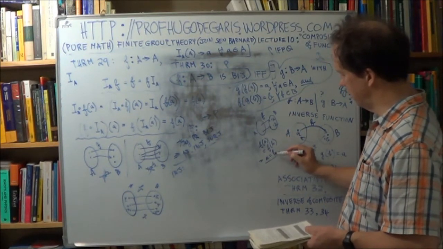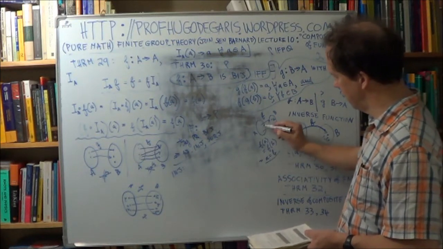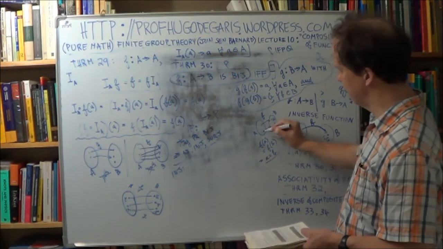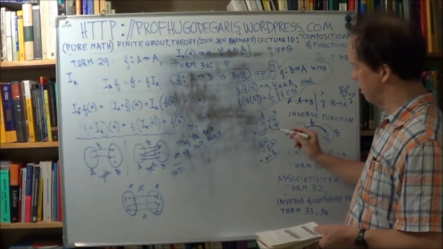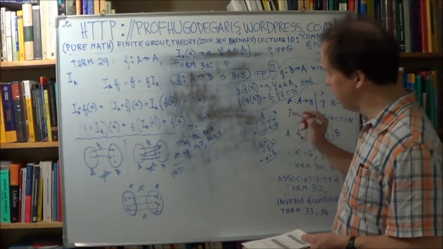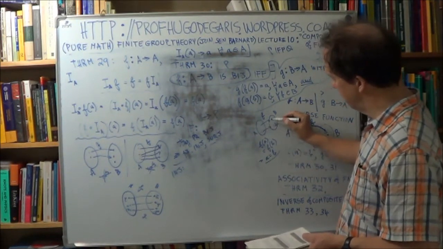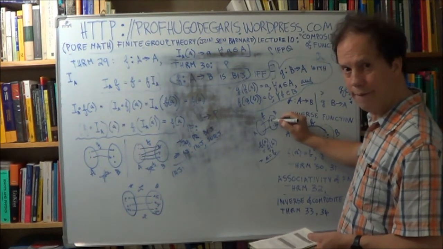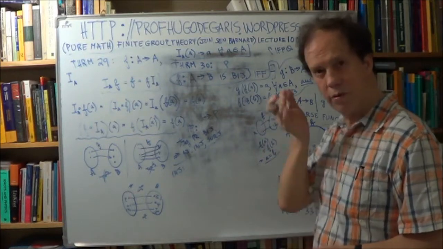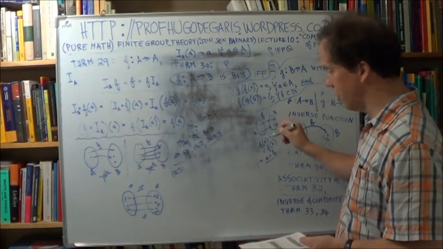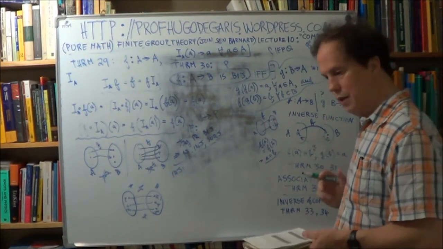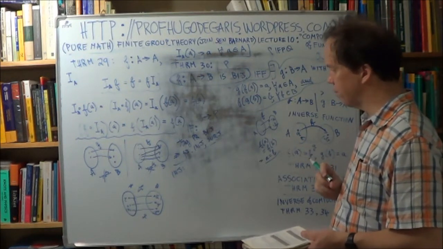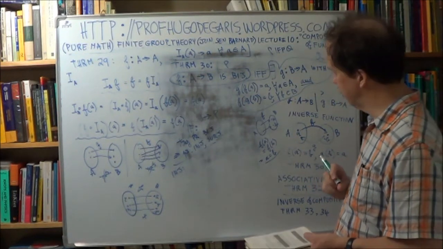If these two are equal, then these two points here have to be the same. Because if it's injective, you cannot have two points here mapped to the same point in B in your codomain. Right? If you're a bit rusty on that, or you don't follow that, go back to the previous lecture and study the proof that something is injective.